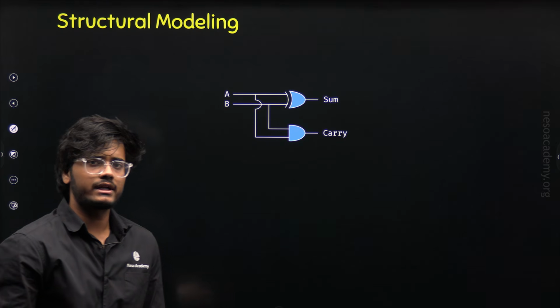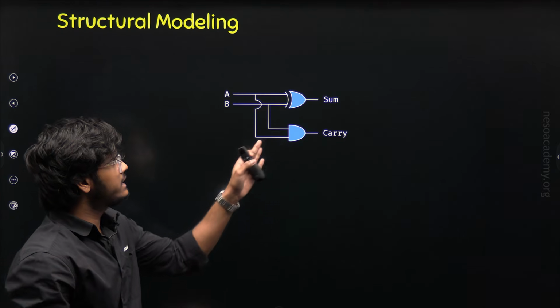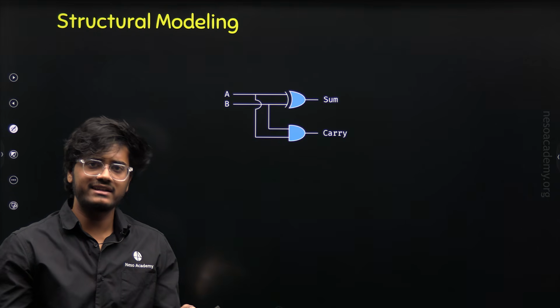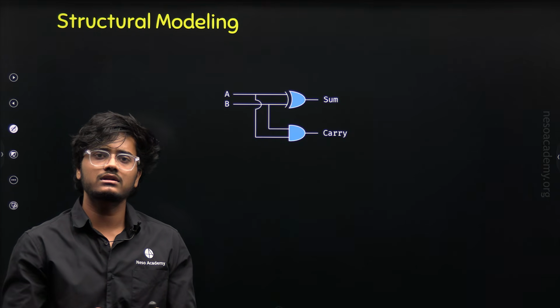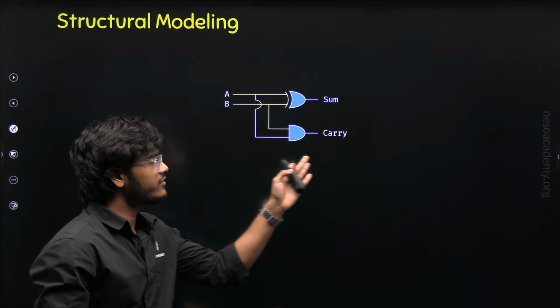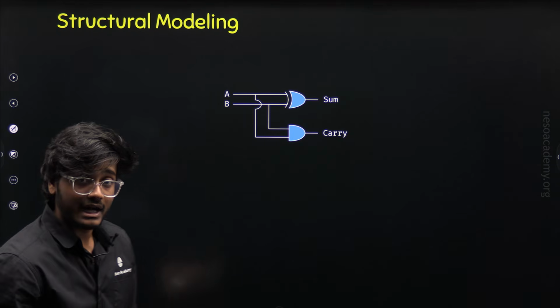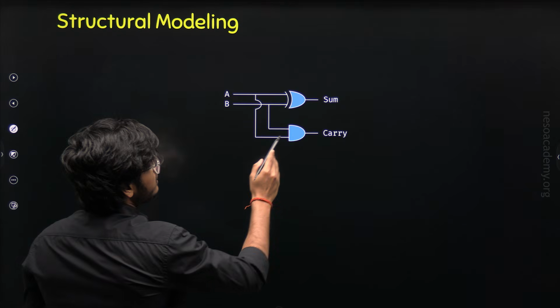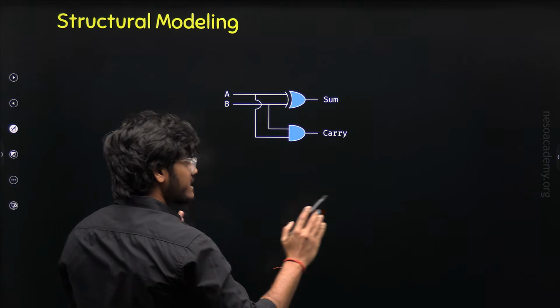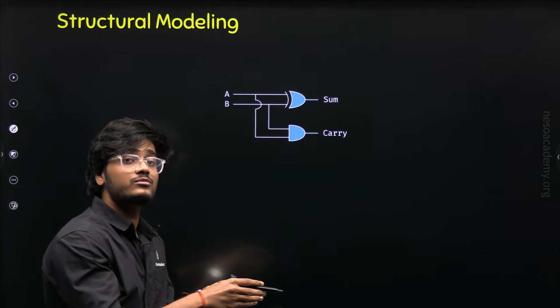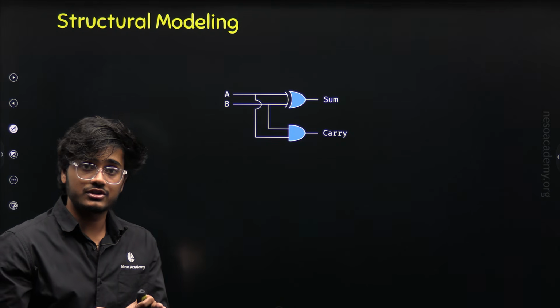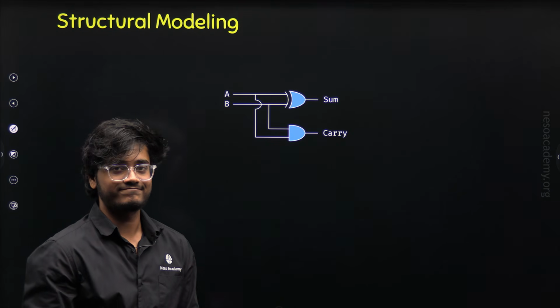In structural modeling, we need to define these two logic gates separately and then connect them together to create the half adder. So, in structural modeling, we need to write the VHDL code for these two logic gates separately and then connect them together to create the structure of the half adder.